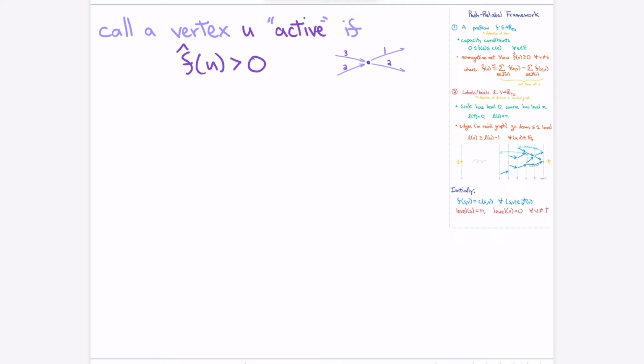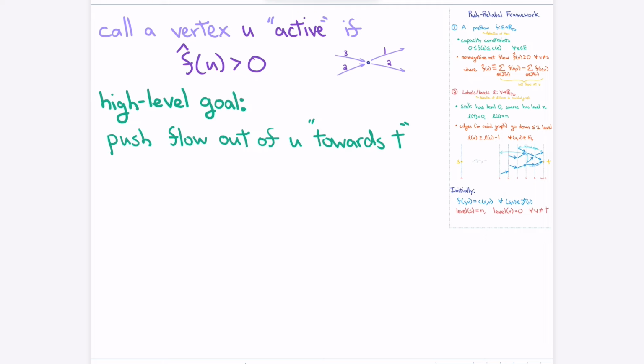If it's positive, I'll call it active. These are vertices where I want to keep pushing flow out and making progress. The high level goal is to take all these active vertices that have too much flow and make sure there's no intermediate flow by the end. We're going to push flow out onto other vertices and hopefully gradually push it into the sink over time.